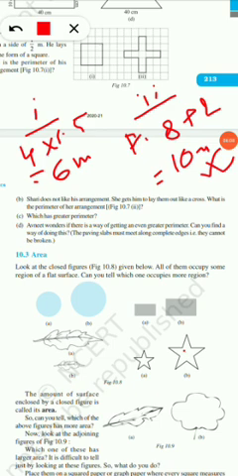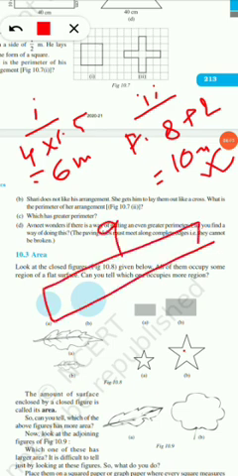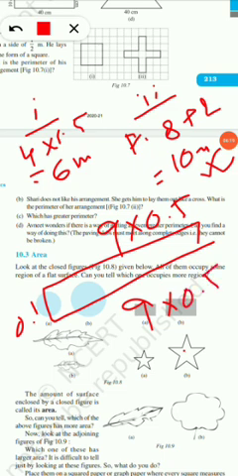So you will have 9 into 0.5 here, 9 into 0.5 here, 0.5 here, 0.5 here. So there will be 9 plus 1, that's 10.